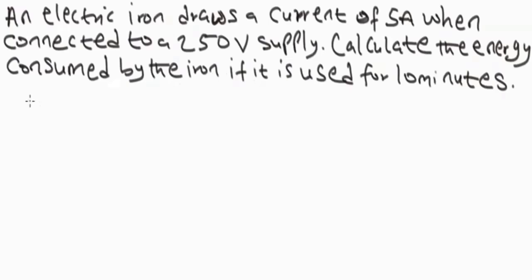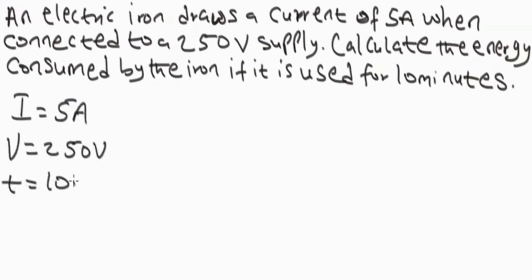So in this question we have a current of 5 ampere, a voltage of 250 volts, and time of 10 minutes, and we are looking for energy, which is unknown.